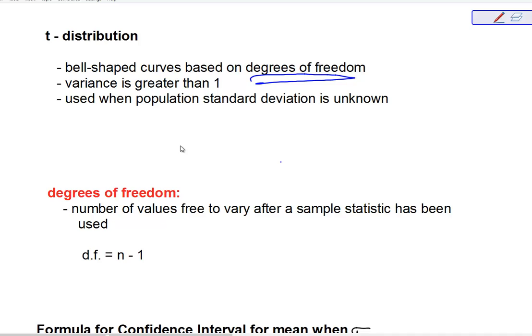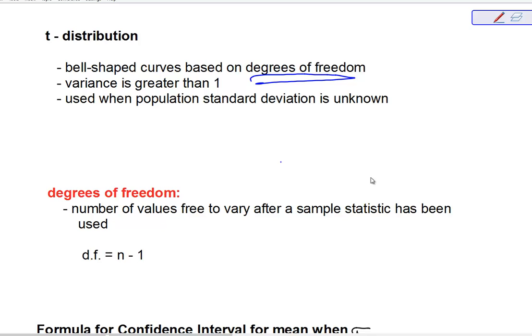We're still going to do confidence intervals with this, but first let's identify what degrees of freedom are. Degrees of freedom are the number of values free to vary after a sample statistic has been used. Basically, that gives us a buffer zone to make it unbiased, just like we have with our standard deviation for a sample.